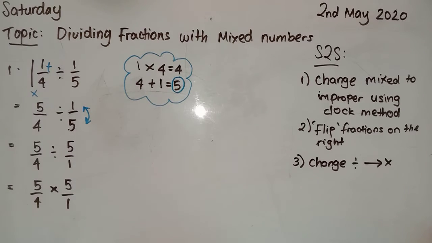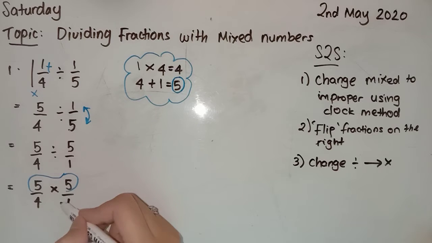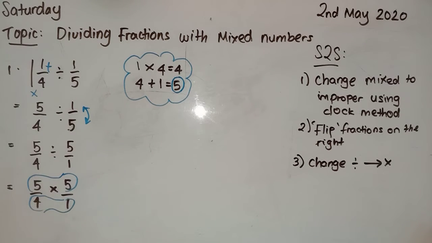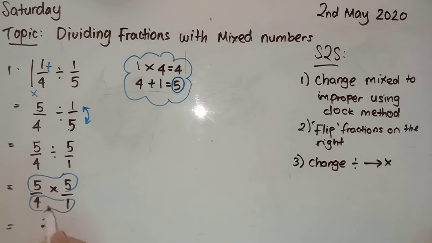When you multiply proper fractions, you just multiply numerator with numerator, denominator with denominator. So this becomes 25, 5 times 5, over 4 times 1 is 4.